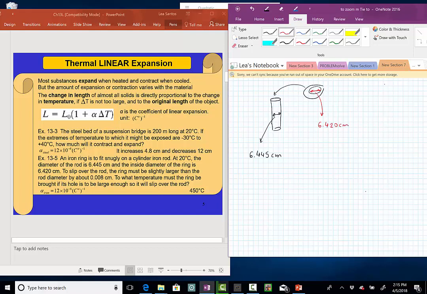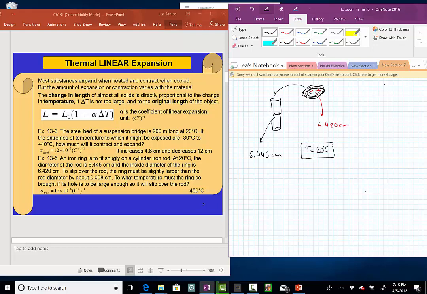So there is no way I can put this ring around the cylinder. The diameter of this ring here is much smaller than the cylinder. But let's continue. This is the case when the temperature is 20 Celsius.